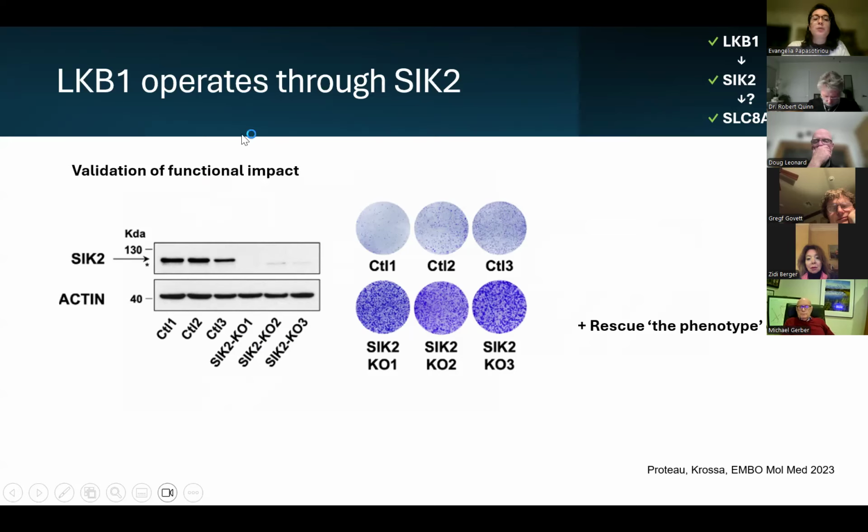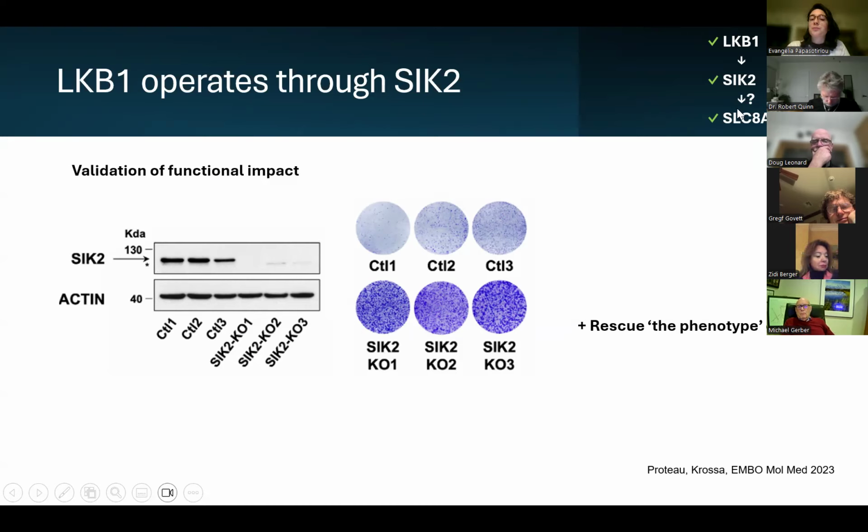Indeed, they performed another validation of the functional impact of inhibition of SIK2 with individual single guide RNAs. And as you can see, it exerts exactly the same effect, so a higher proliferation rate compared to the control conditions. They also performed a rescue experiment that was good. So the switch is on and off. That gives us specificity, that gives us a link between these two.